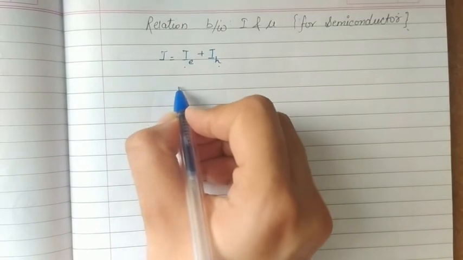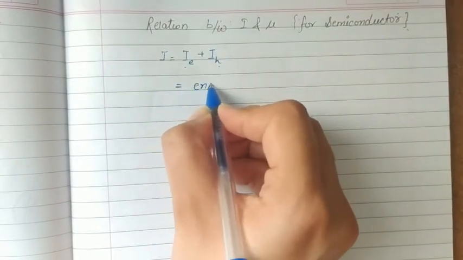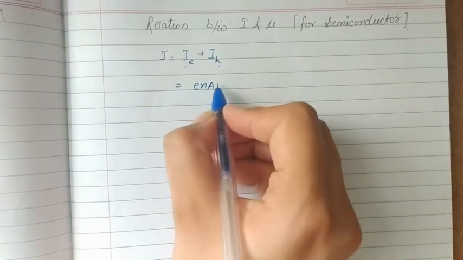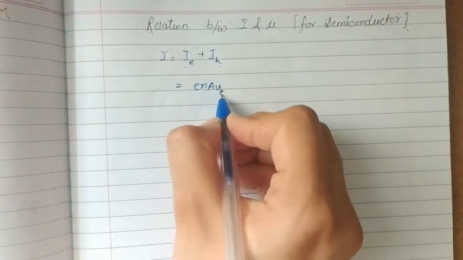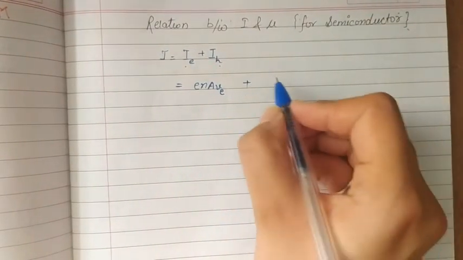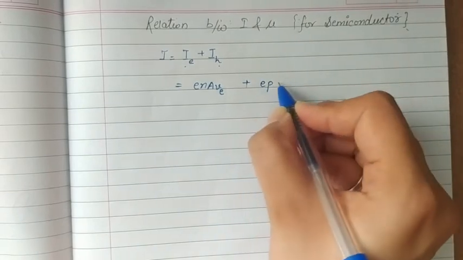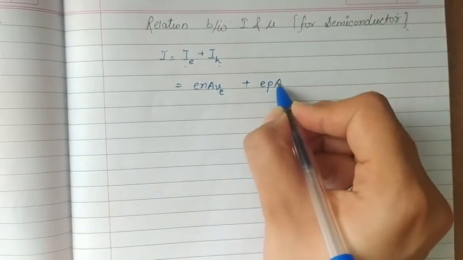So this will be equal to, for the electron part, ENA VE, where VE is the drift velocity for electrons, plus for holes, EPA VH.